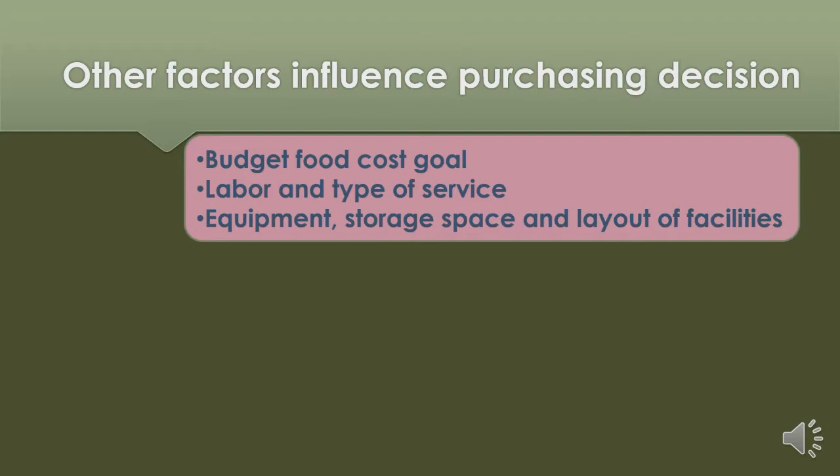And then the second factor will be the labor and type of service. That's decided by owners and managers as well, because due to the service differences, we decide how many laborers we need to hire. If you are a full-service table restaurant, we will have more labor to do the service.